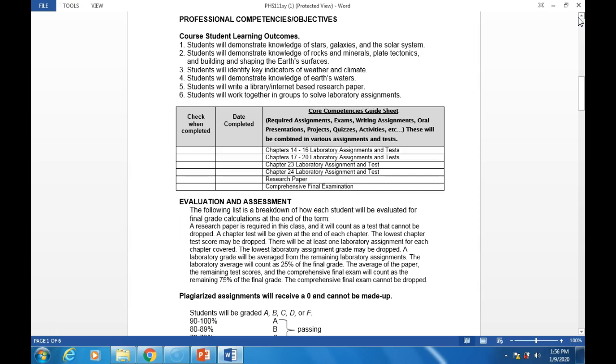Students will identify key indicators of weather and climate. That's chapter 23. Students will demonstrate knowledge of Earth's waters. That's chapter 24. And students will write a library internet-based research paper. That's the research paper. And you will also work together in groups to solve laboratory assignments.